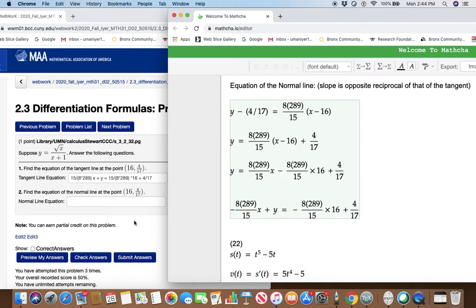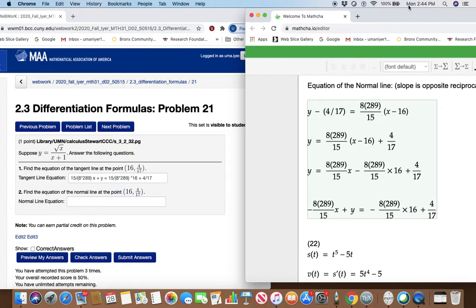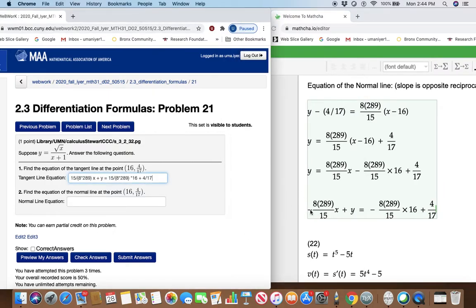So negative 8 times 289, which I'll write in parentheses, over 15.